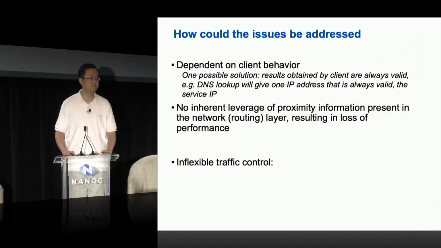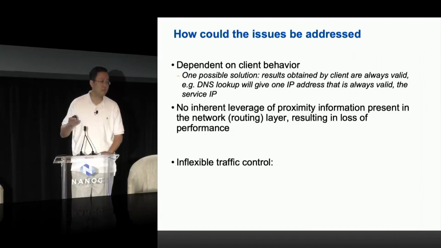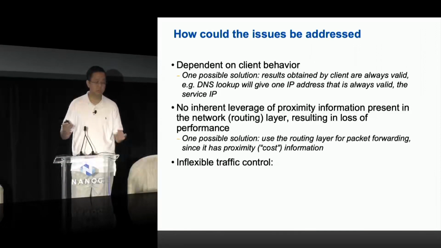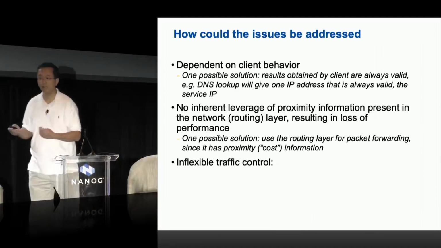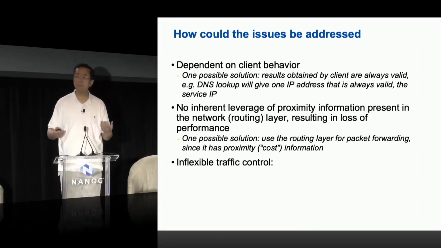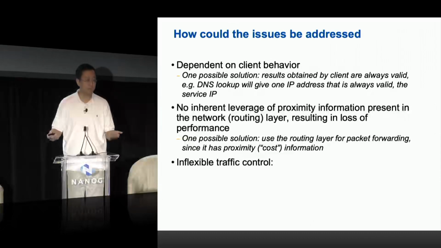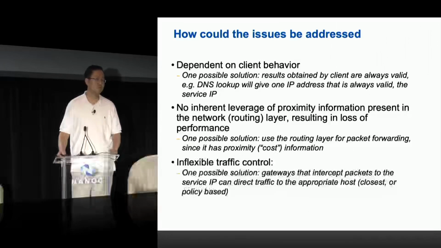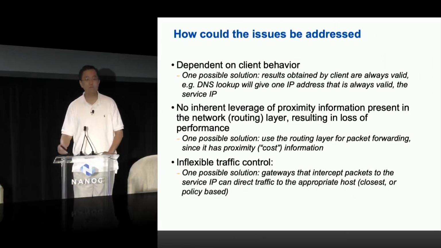We use layer 3. And by using a layer 3 solution, we would be leveraging the cost computation that the routers have already given us. So that's a thought that we had considered. And for the traffic control issue, we resorted to maybe having gateways that could intercept the packets and forward them to wherever they needed to be.